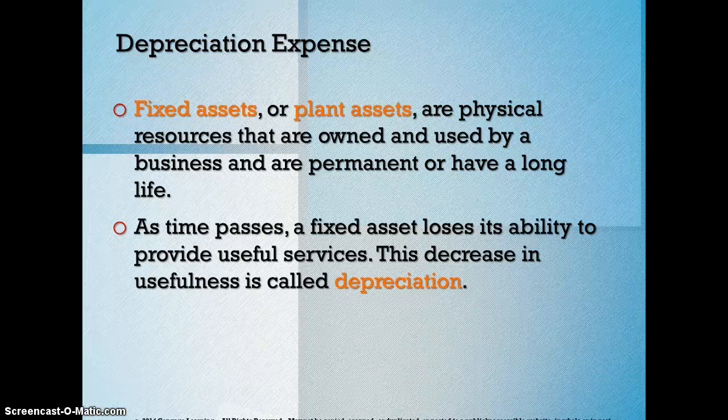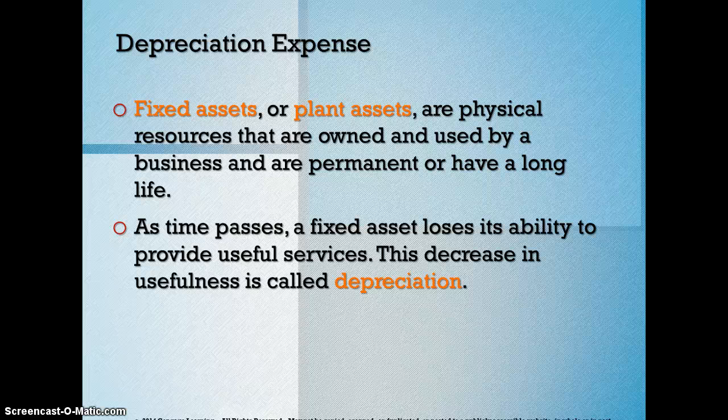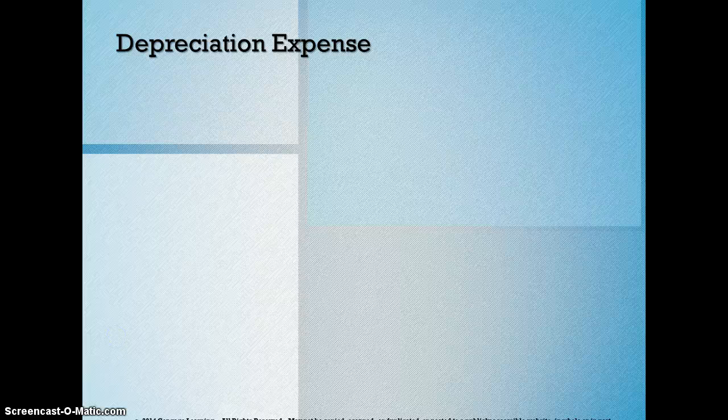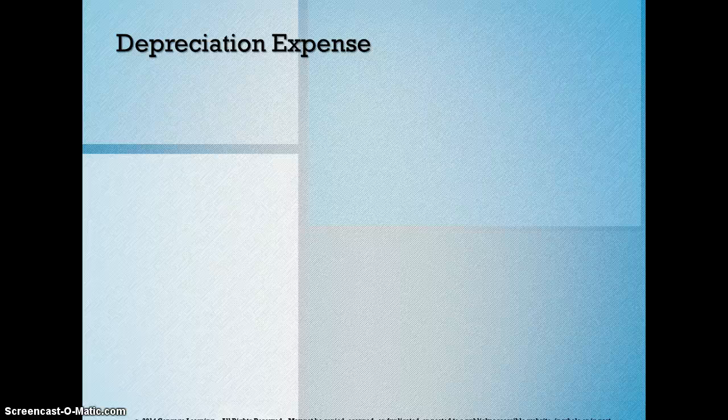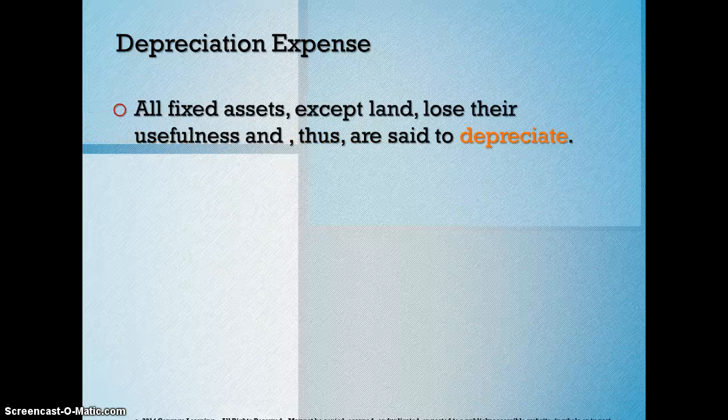These types of long-term assets will lose value over time. This decrease in usefulness is what we call depreciation. So depreciation is one of our adjusting entries where we adjust how useful that fixed asset is to us. Okay.